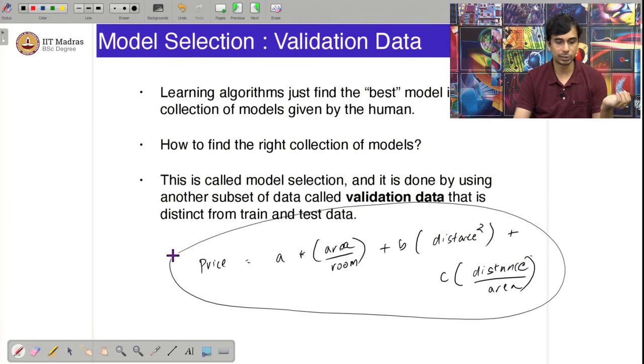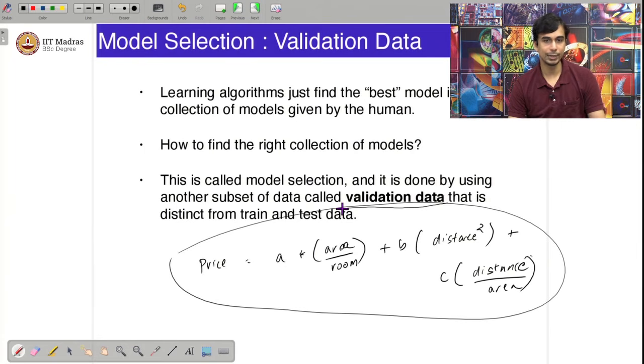This is set intuitively by humans, but there are multiple intuitive choices that can be made here, and typically you choose among these collections separately and decide which of these collections is the best using a held out data set called the validation data.